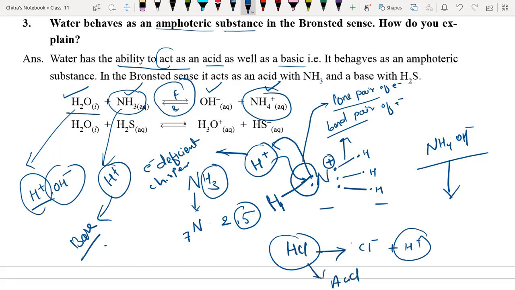But if the reaction is carried out in the backward direction, that means chloride is going to accept the H positive ion, so here chloride is acting as a base. On what basis have we decided it is acid or base? On the basis of losing hydrogen or accepting hydrogen positive ion. So on that basis, ammonia is acting as a base. That means water is acting as an acid here.